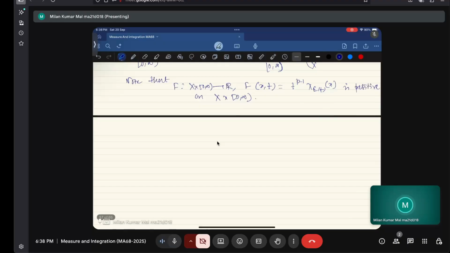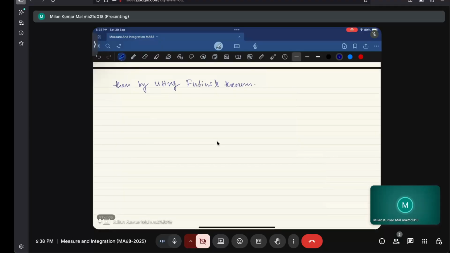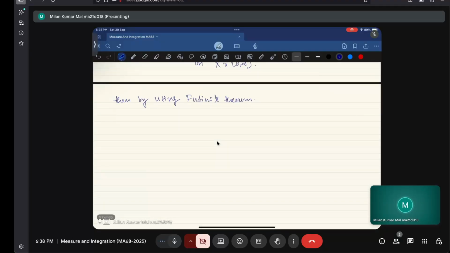Then by using Fubini's theorem, the most important theorem for product measures, this limit can be interchanged. What is Fubini's theorem? I will write it in short here.